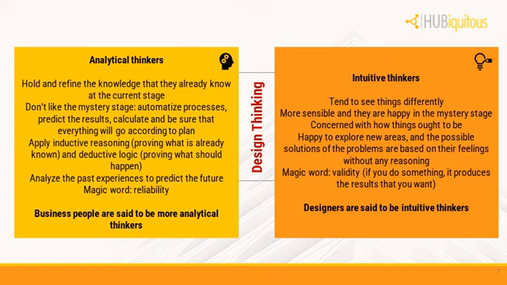They are happy to explore new solutions, new areas, and the possible solutions to the problems are always based on feelings and intuition, not on data or numbers. And they do not like to follow this reasoning phase. Okay, their magic word is validity. That means that if you do something, this thing is going to produce the results that you want.